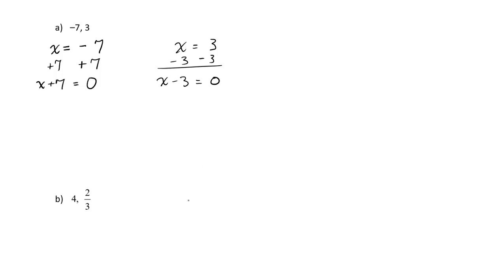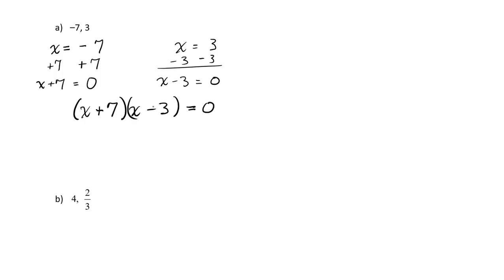Now that both my binomials are set equal to 0, I can multiply them to each other. Notice that we're just doing the opposite of what we were doing when we were factoring. Now we're going the other direction. So now I rewrite the two binomial equations. It sounds kind of weird to say that, but x plus 7 times x minus 3 as a product equal to 0.